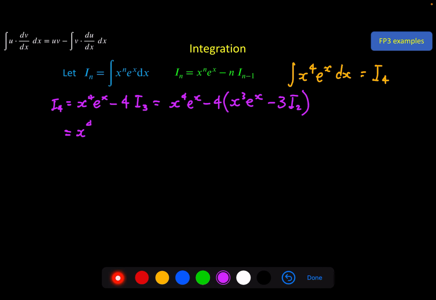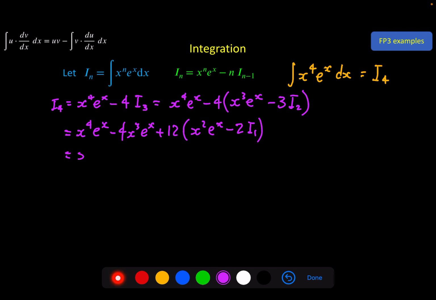If we expand that out, you get plus 12 I2, but I2 is x squared e to the x minus 2 times I1 by putting 2 into the reduction formula. And then we've got I1, but we can put 1 into the reduction formula, and we can keep going.